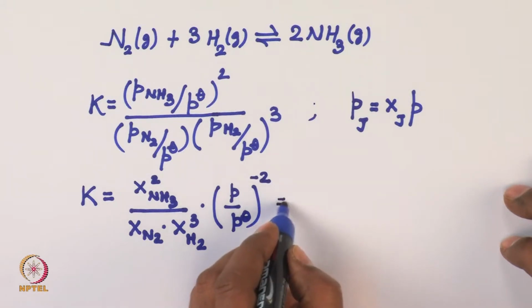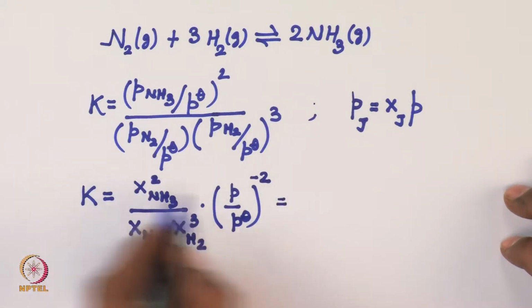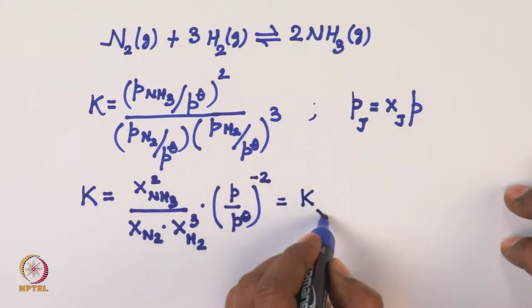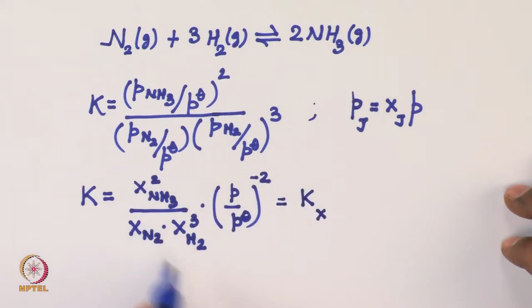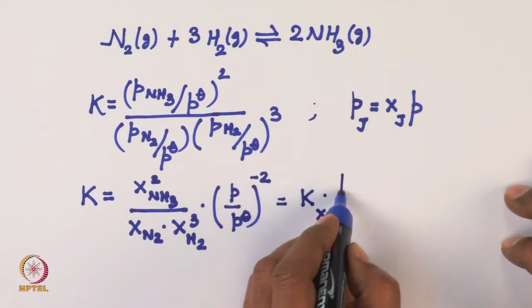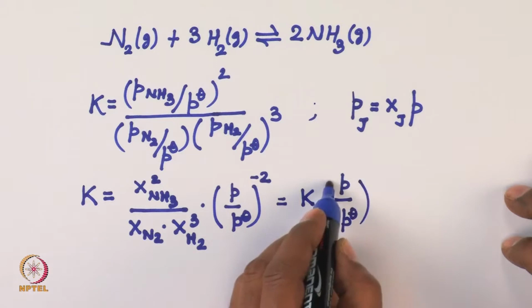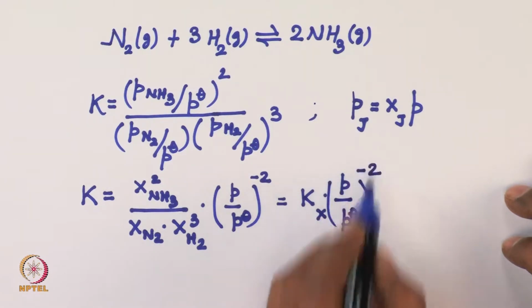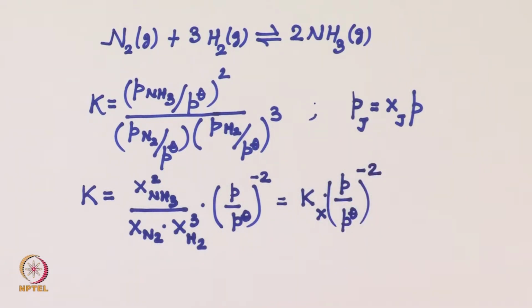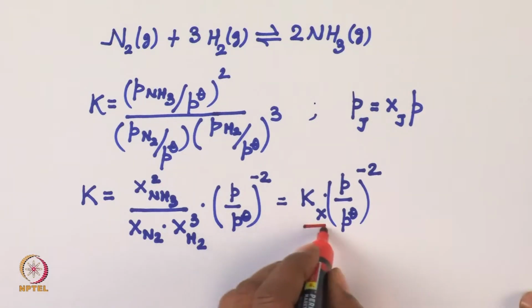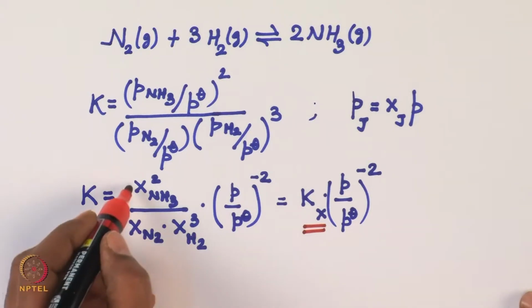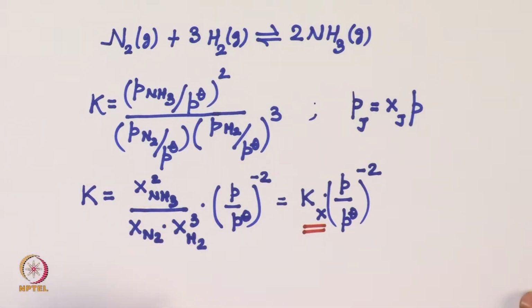Can I write this ratio as Kx, that is a ratio of the mole fractions, into total pressure divided by P naught, which is 1 bar, raised to the power minus 2. The effect of pressure on composition is given by Kx, because Kx is the ratio of mole fractions.